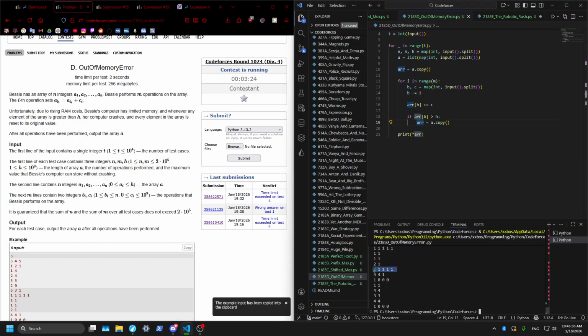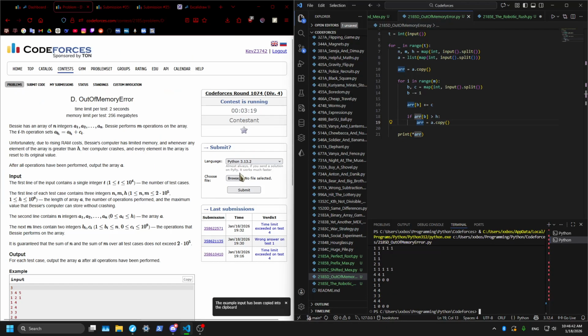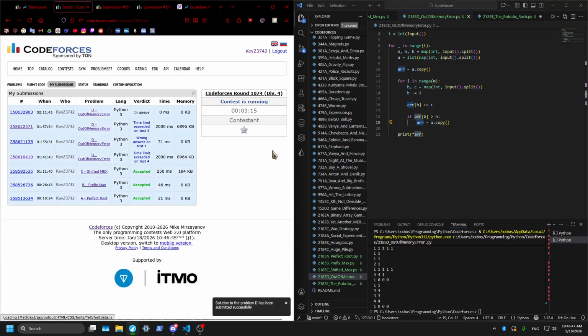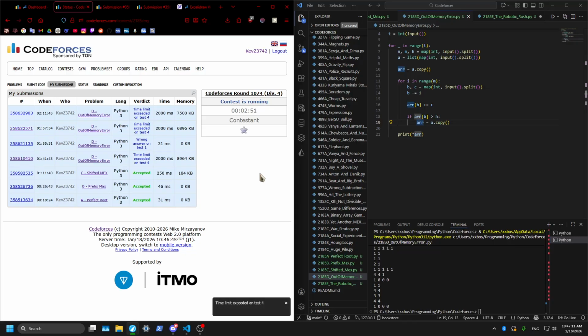Okay, 0, 0, 0, 1, 1, 1, 1, 2, 4. Okay. It's slightly out of TLE, right? There should be O of N plus M, because we don't care about the max of the array, we just care about the element we're incrementing, because the other elements won't change.